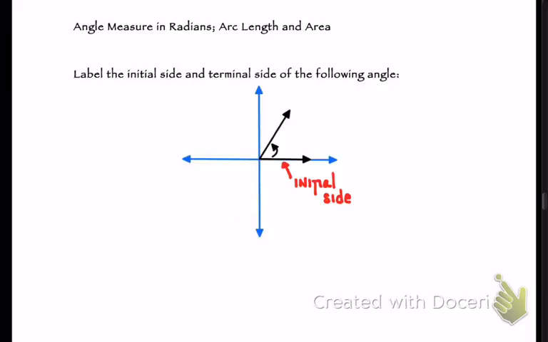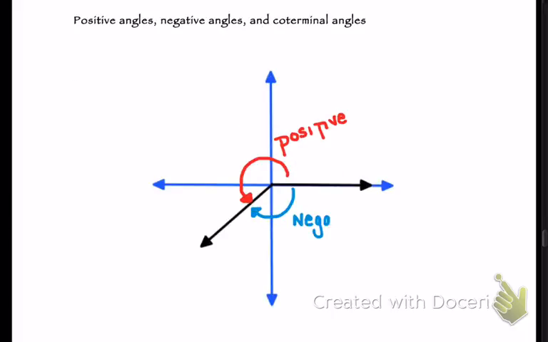Your terminal side is the part where your angle stops. Terminal means where it stops. So initial side, where it starts; terminal side, where it stops.